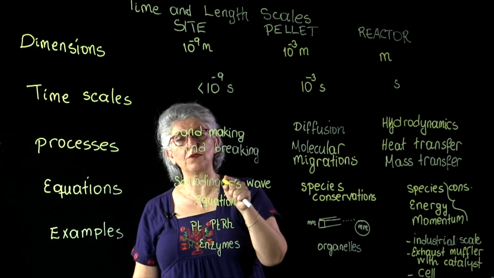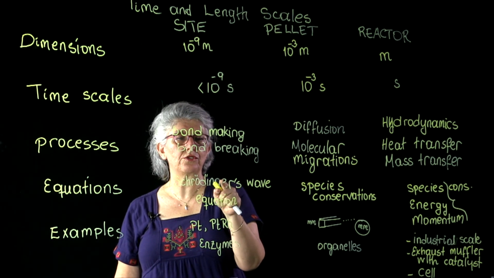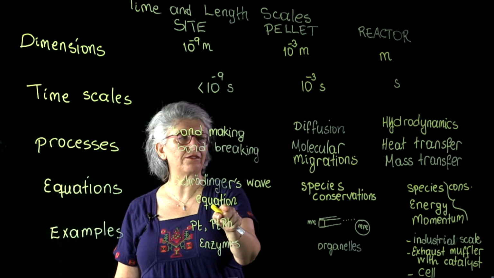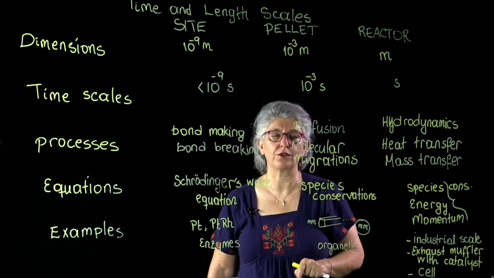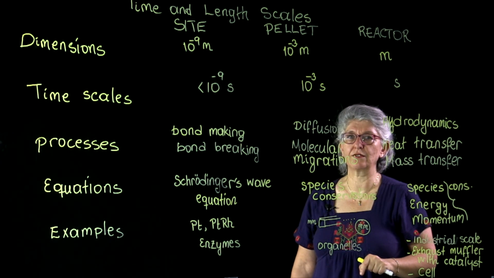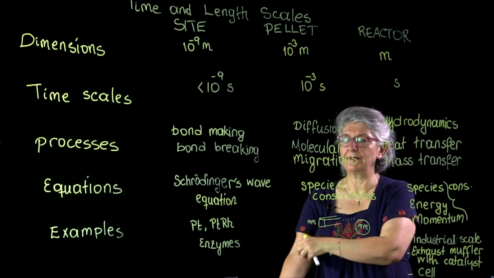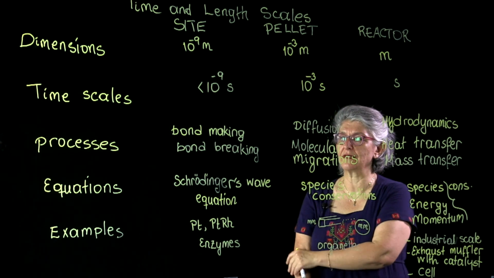In doing so, we will relate the output of the Schrödinger's wave equation to the output of the conservation laws. So this is going to be the frame of the semester of this course.